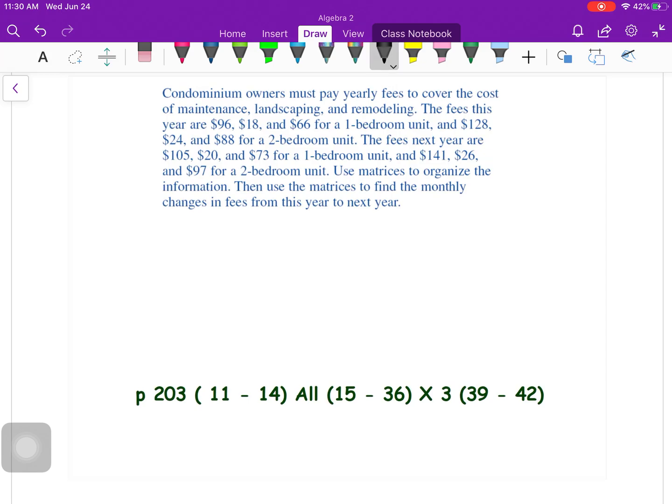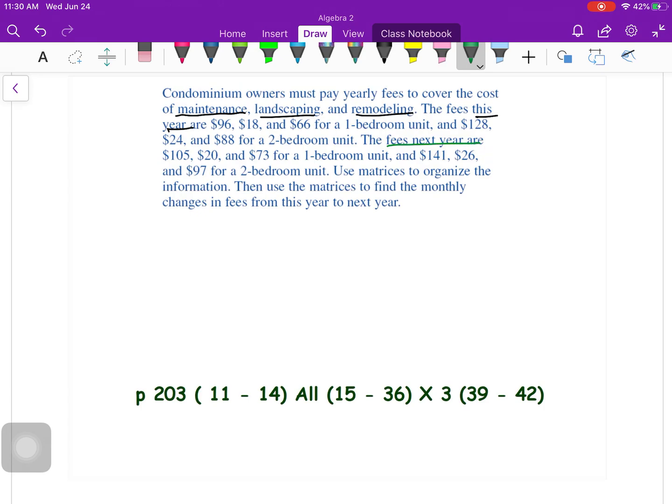And we're going to do a story problem that involves matrices. It says condominium owners paid yearly fees to cover the costs of maintenance, landscaping, and remodeling. The fees this year were $96, $18, and $66 for a one-bedroom unit, and $128, $24, and $88 for a two-bedroom unit.